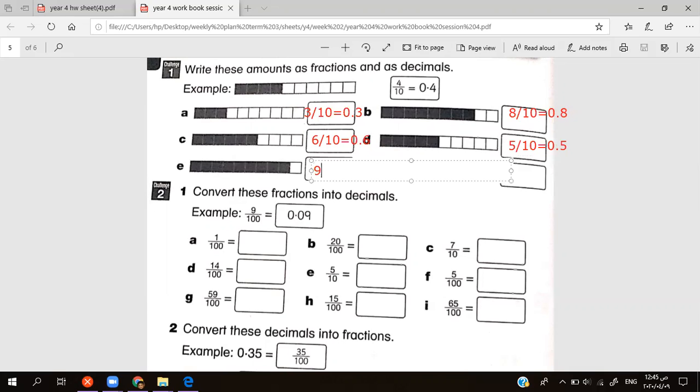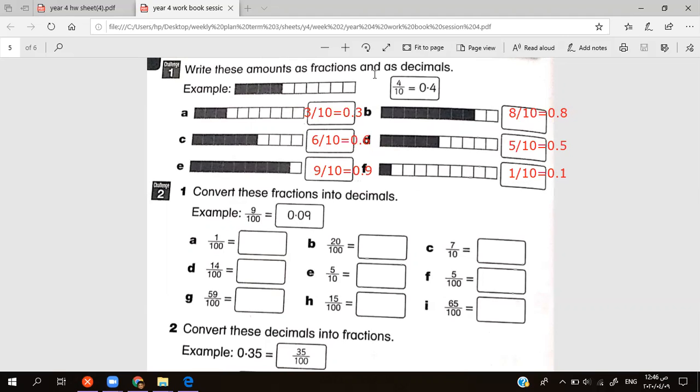Here, how many colored? 9. 9 from 10. My decimal will move one place, so it's going to be 0.9. Here, how many colored? 1. 1 from 10. So my decimal will move only one place to be 0.1.